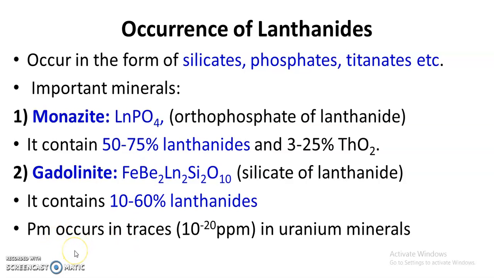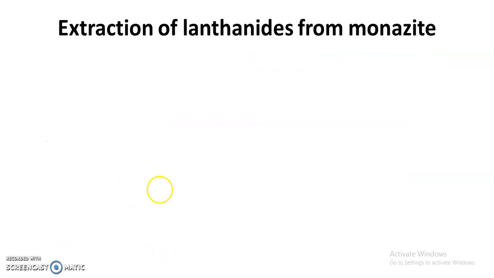Especially promethium is a radioactive lanthanide. It occurs in trace quantity, that is 10 to the power minus 20 ppm, along with uranium minerals. So out of the various lanthanides, promethium is the only radioactive element.